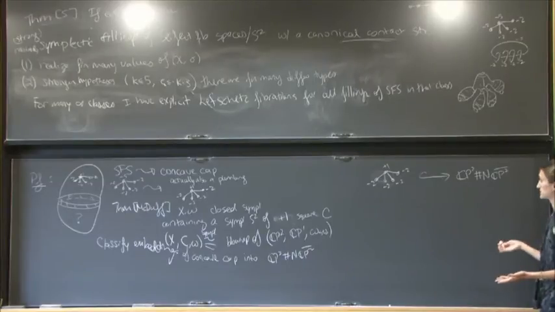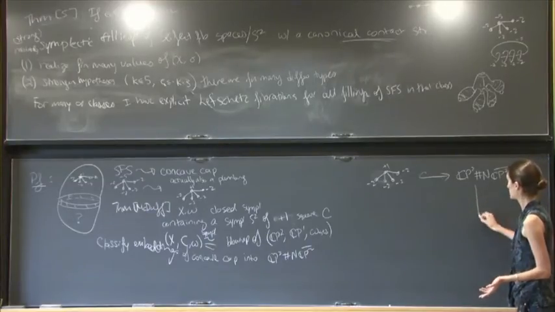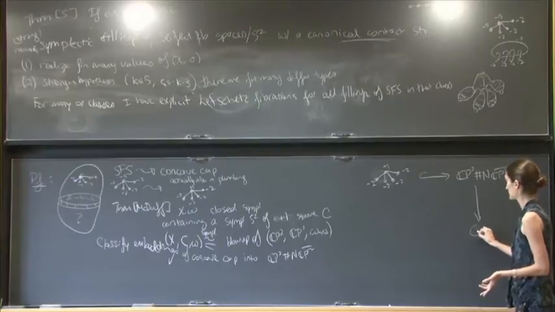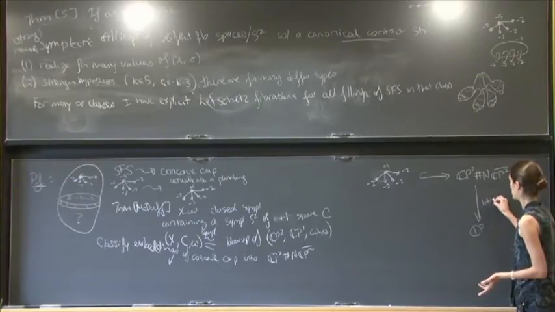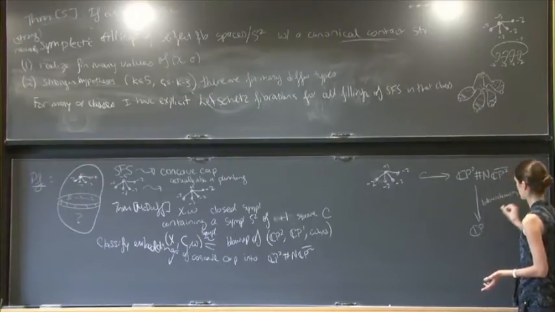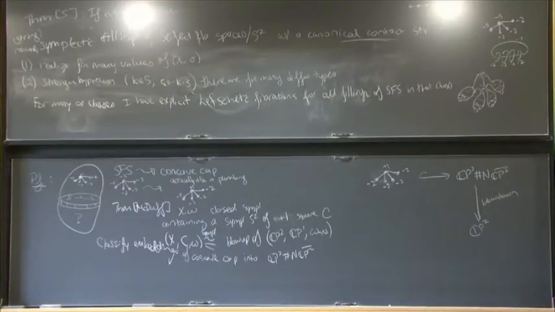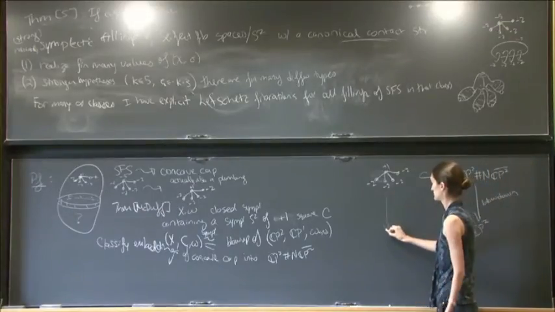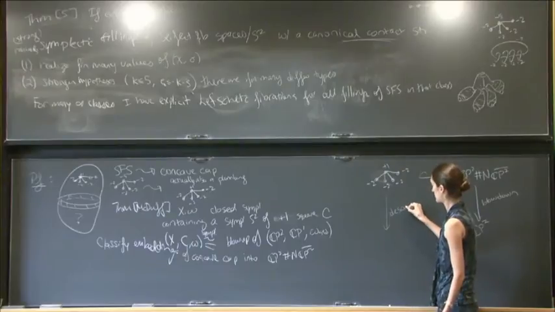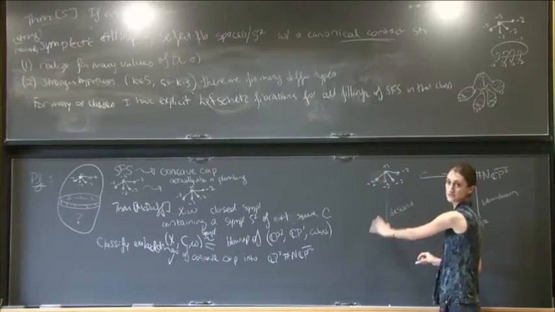And to understand this sort of embedding, it simplifies things a lot if you blow down into just CP2, and then you want to see what do these spheres descend to down here.